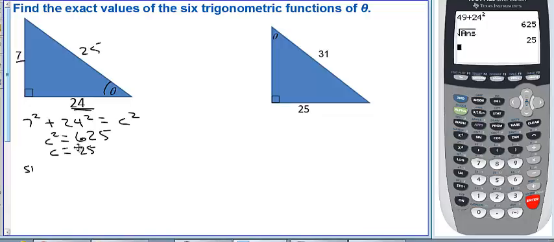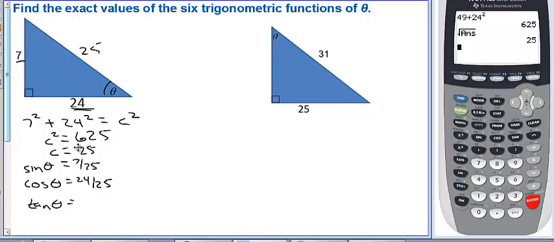Now we can find the sine, cosine, and tangent of the angle that's been picked, and that's, of course, the bottom angle of the right triangle. So opposite, SOHCAHTOA, opposite over hypotenuse, 7 over 25. Cosine, adjacent, CAH, cosine is adjacent over hypotenuse. That's 24 over 25.